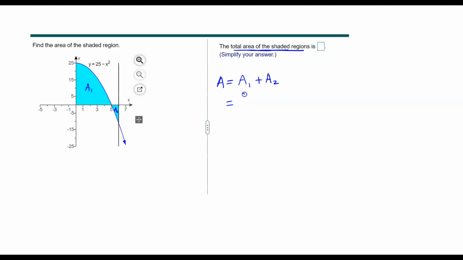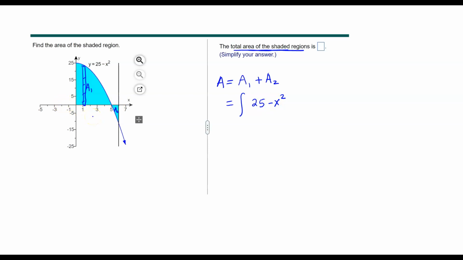A1 will be the integral, the area under this curve here, 25 minus x squared. So to help you, you can actually create a rectangle. So you would have top minus bottom. So this top here is 25 minus x squared, and the bottom part is actually y equals 0.